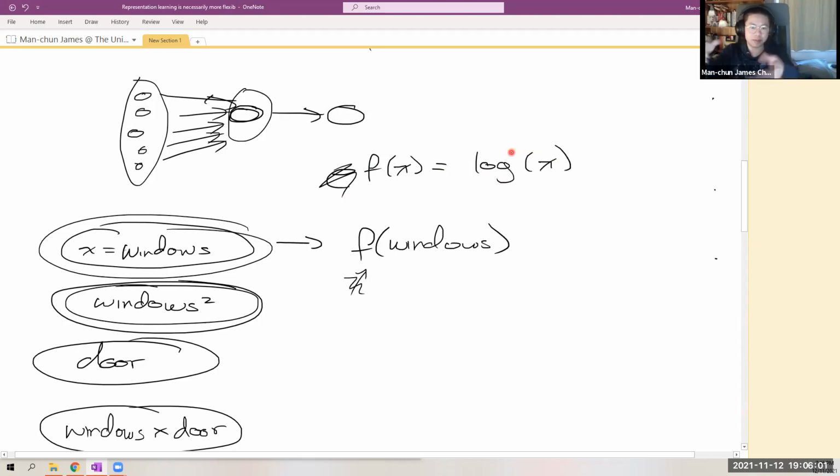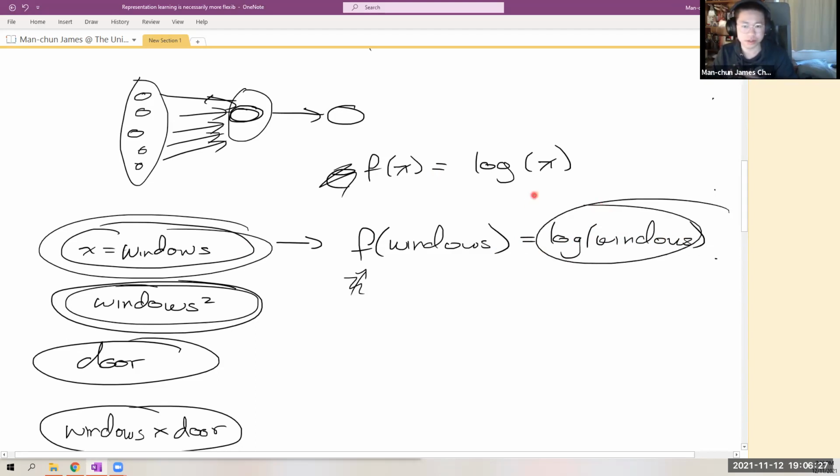Maybe you fit a GAM, a generalized additive model, and the GAM gave you a log. In this case, your representation of windows is the log of windows. So f of windows is equal to log of windows. Instead of using windows, your representation of it is actually the log of windows.